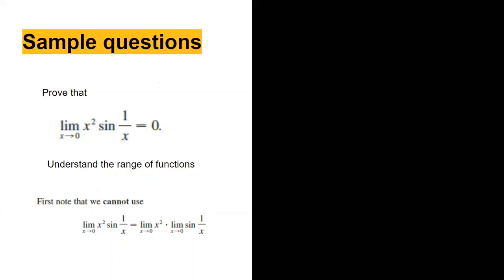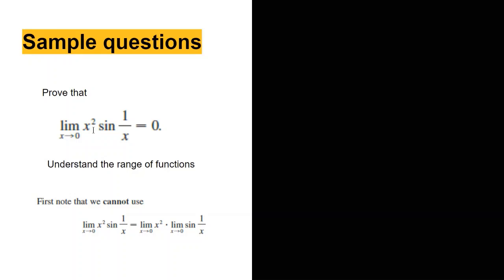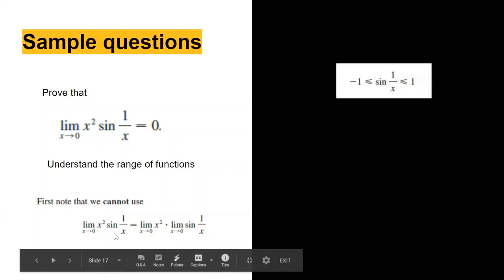Again, if we begin by substituting 0, we'll get x squared, which is again 0, multiplied by sine 1 by x. 1 by 0 tends to undefined. Sine of undefined is again, well, not undefined, it's between 0 to 1, but a limit for that part of the function does not exist. As you can see, we cannot use substitution for limit x tends to 0 x squared sine 1 by x.